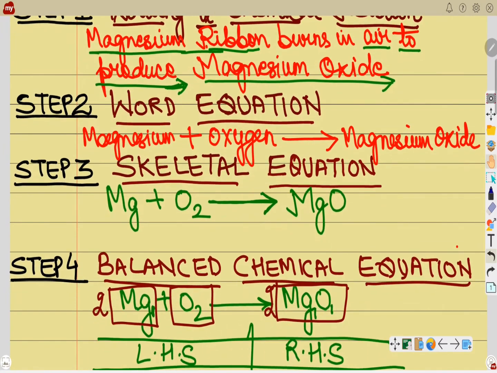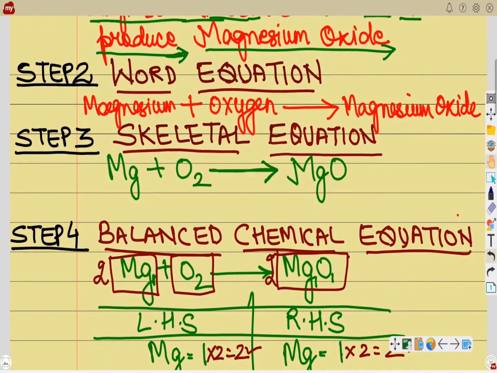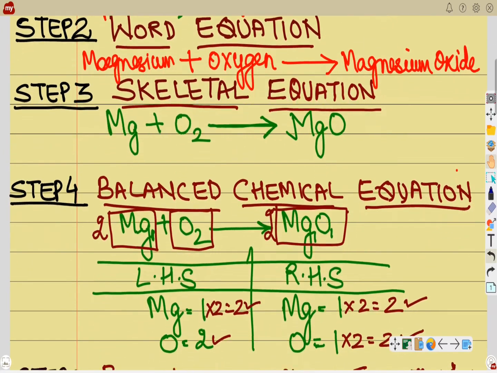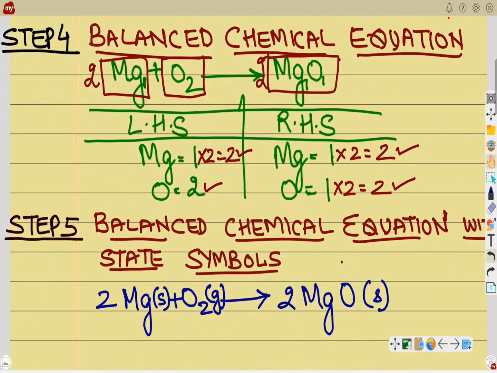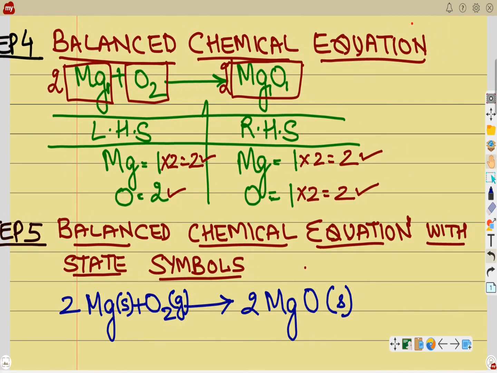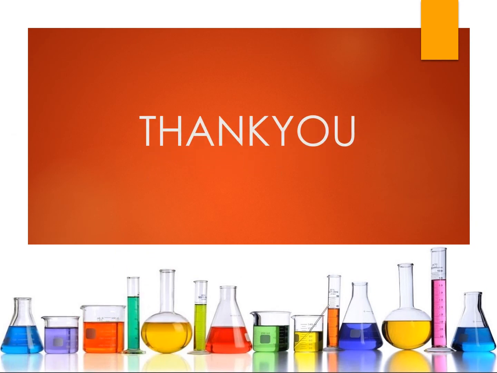Step 2, writing word equation. Step 3, skeletal equation. Step 4, balanced chemical equation. And step 5, in the end, balanced chemical equation with state symbols. I hope this video has helped you to understand the basics of the topic chemical reactions and equations.